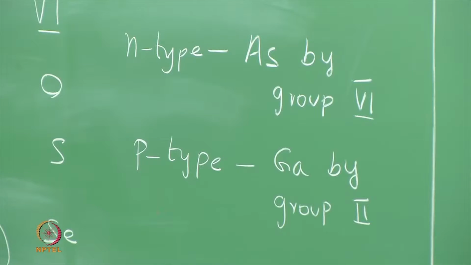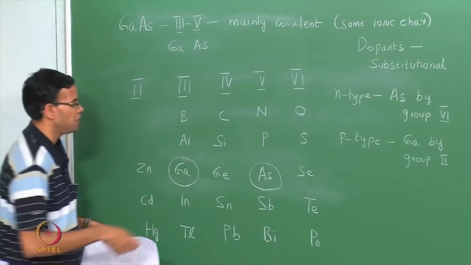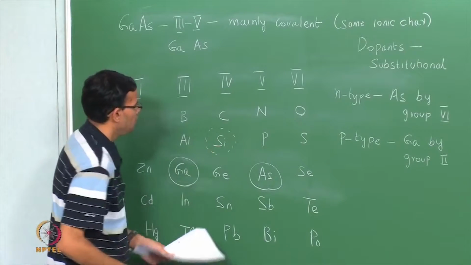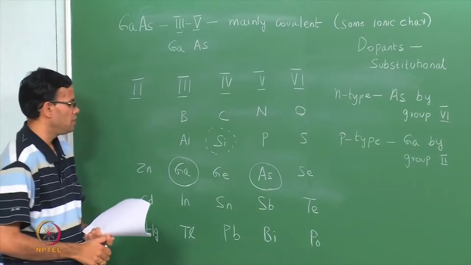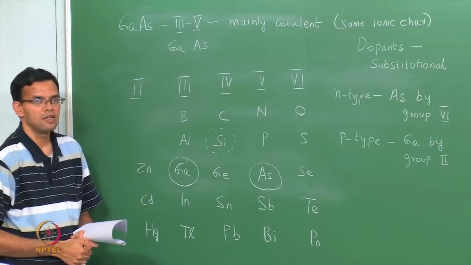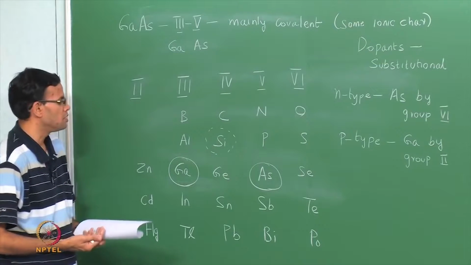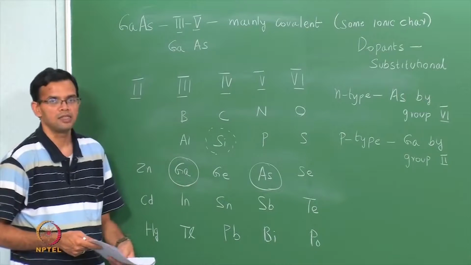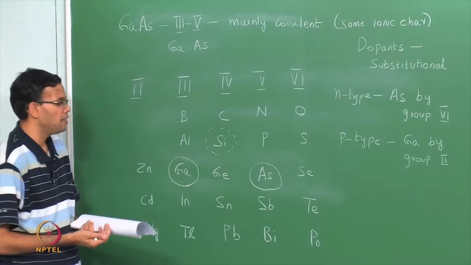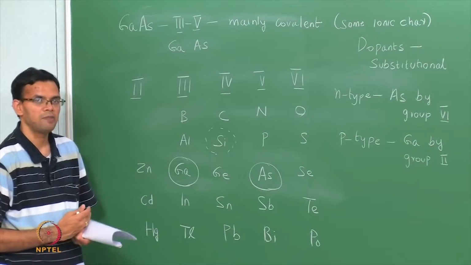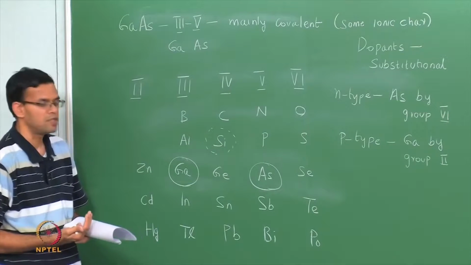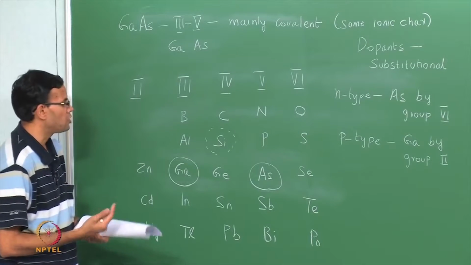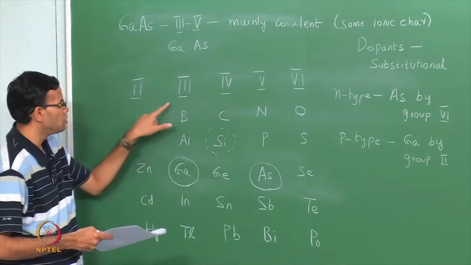The question is, what happens if you have a group 4 impurity? Let us say I have silicon. Now, silicon is an impurity in gallium arsenide. There are essentially two possibilities. The silicon can replace the gallium, or the silicon can replace the arsenic, and depending on that you can either get an n-type or a p-type. If the silicon replaces the gallium, then silicon has one more electron, because this is group 4, this is group 3.